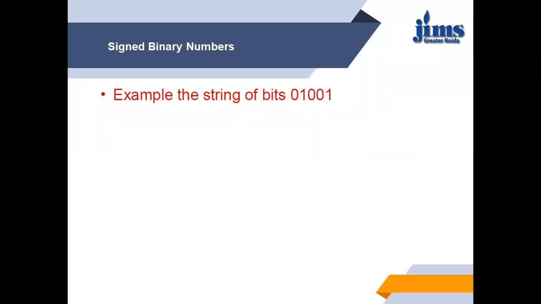Now take an example of bits. It is represented 0, 1, 0, 0, 1. That is a number. I hope all of you will convert this number into a decimal number. What is its value exactly? So how will we convert it? We calculate the coefficient positions, and the positions are 0, 1, 2, 3, 4.